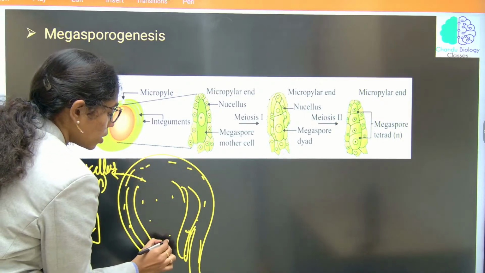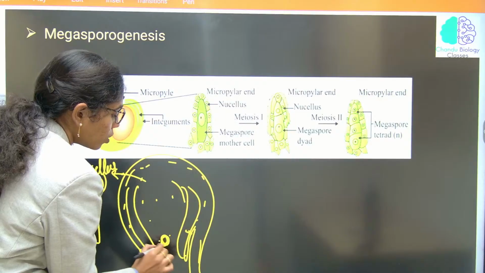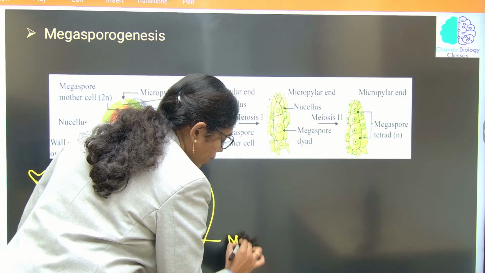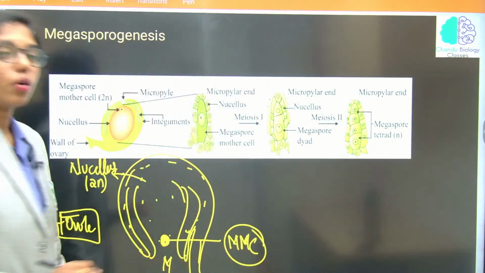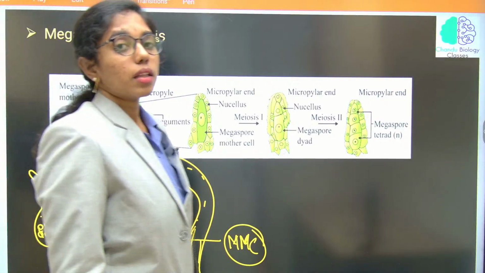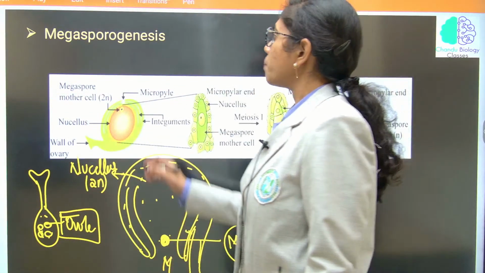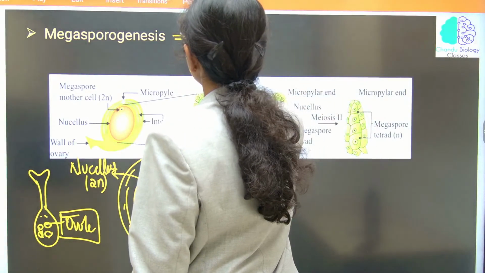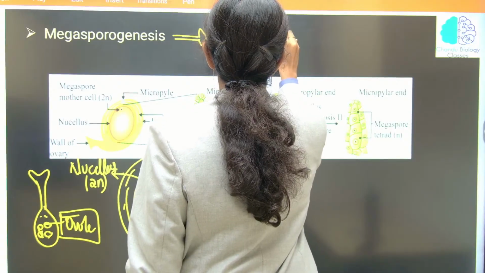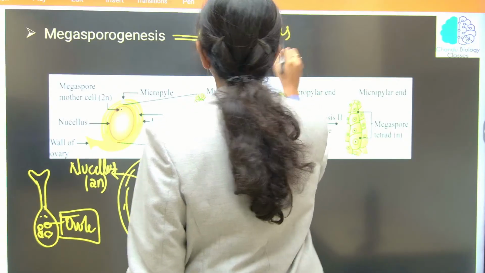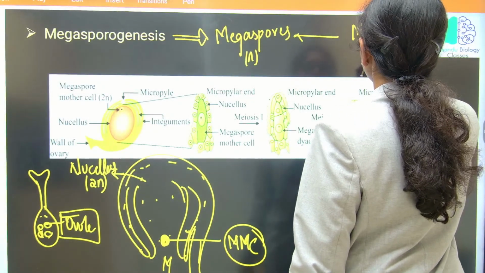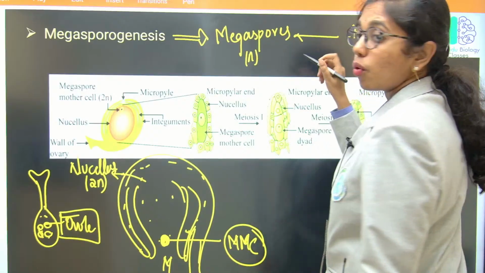From here you listen to the story carefully. One of the nucellus cells in the micropylar region gets differentiated into the megaspore mother cell. From here the concept of megasporogenesis starts. What is megasporogenesis? It is the production of megaspores, which are haploid, from a single functional megaspore mother cell, which is diploid, via one meiosis.